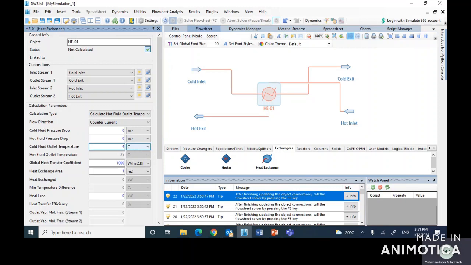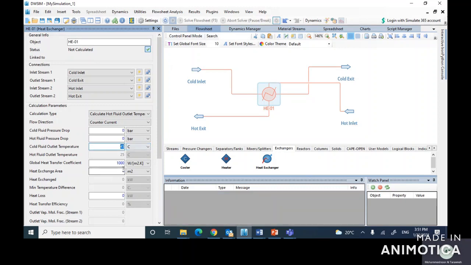It was 45 from the statement of the question, and we know the surface area, it was 1. So the software will now calculate the hot fluid outlet temperature, as well as the global heat transfer coefficient, the U value, and most importantly, the heat exchanged. So now let's enable the solver. You can either press F5 or click on this one.